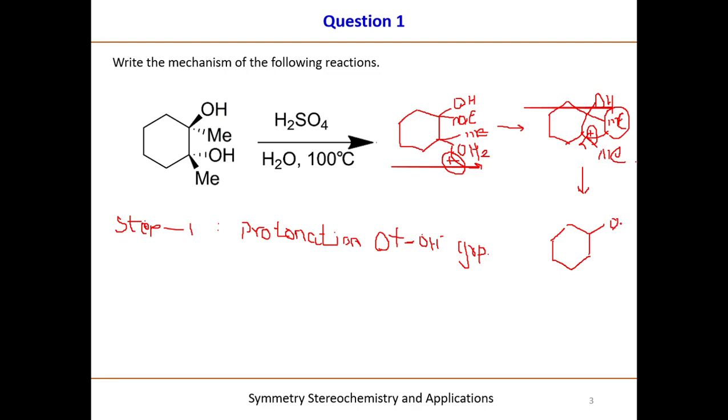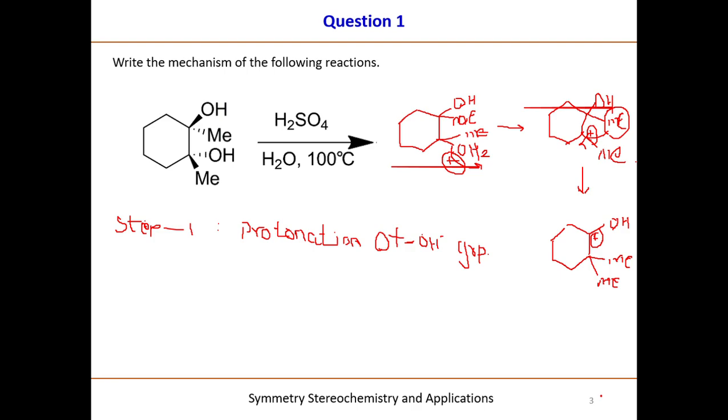The OH group is here and the methyl group has migrated, so the positive charge comes on this carbon atom. Here we have two methyl groups.